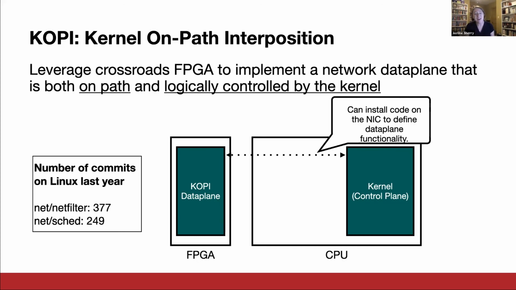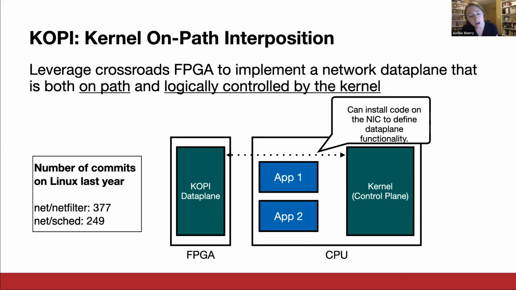And so if we want to be able to make these changes to the networking stack on the fly, as we're used to, our data plane has to be programmable. And that's why we want to use an FPGA rather than some fixed-function SmartNIC that comes to us with encryption implemented or with TCP implemented, provided to us by the manufacturer. The kernel should be controlling the code itself.